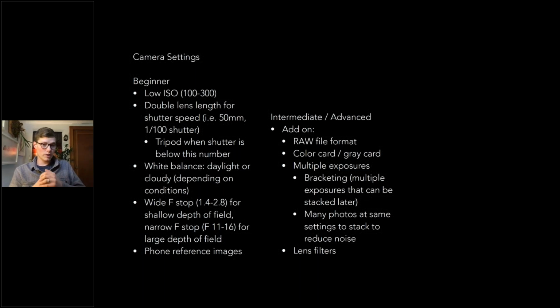That was another bullet on here that I didn't talk about too much. If you get really advanced and you want to do a lot of post editing, you can take one image and have a really dark image, a medium dark image, a perfectly exposed image, an overexposed image, and a very overexposed image.